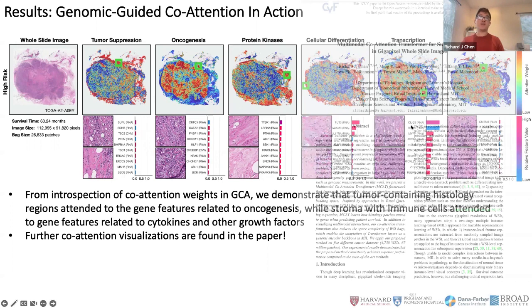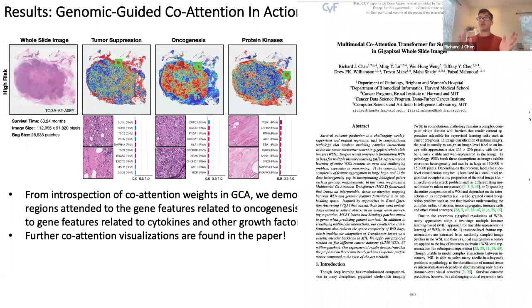Also, one of the limitations of this work is that we use a very broad set of gene sets, so these gene sets do not reflect discrete and more unique biological functional pathways. So there's a lot of interesting work in doing MCAT, but now with more fine-grained gene sets, such as hallmark pathways.